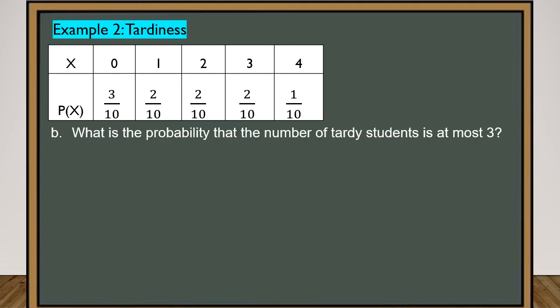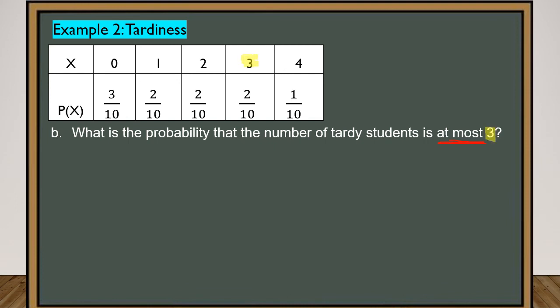So we have here the next question. What is the probability that the number of tardy students is at most 3? It means that the value of x, 3, is the highest number.